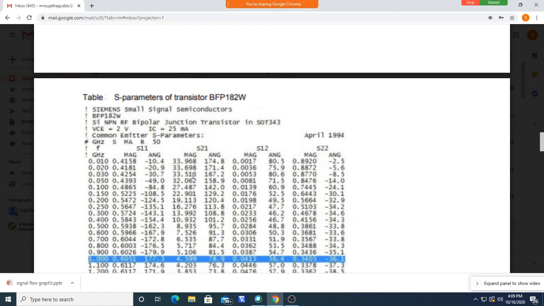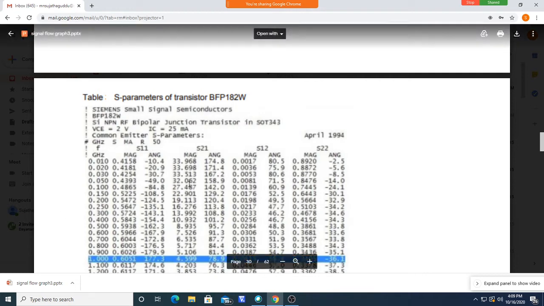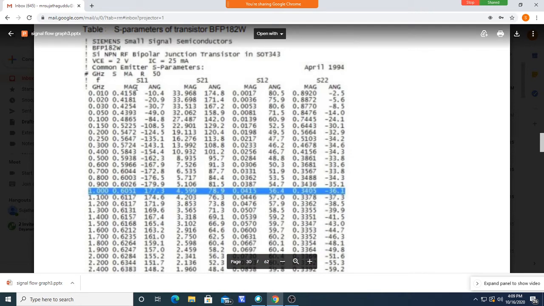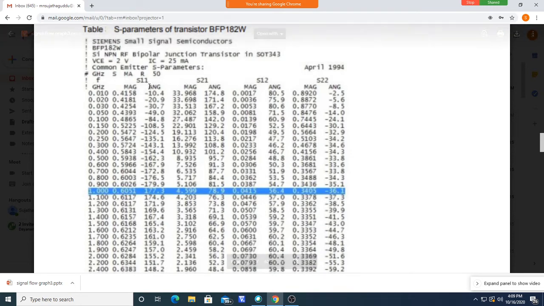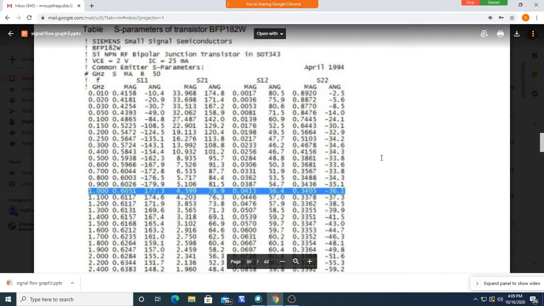So S21 may be greater than the input, or it may be less, based on the device. For a transistor, usually the value will be more. For a BJT or FET at RF and microwave frequencies, the table will be provided like this.